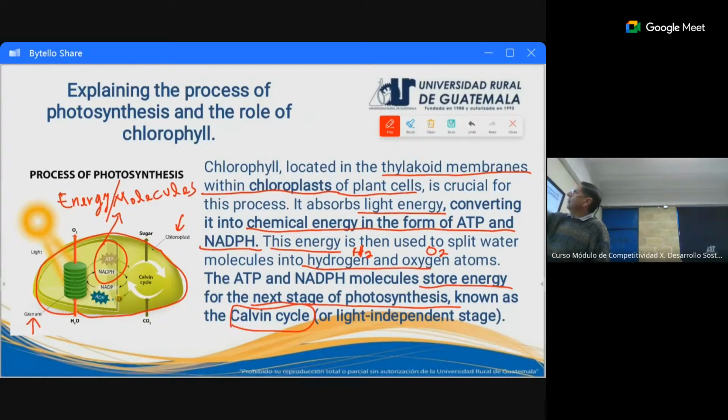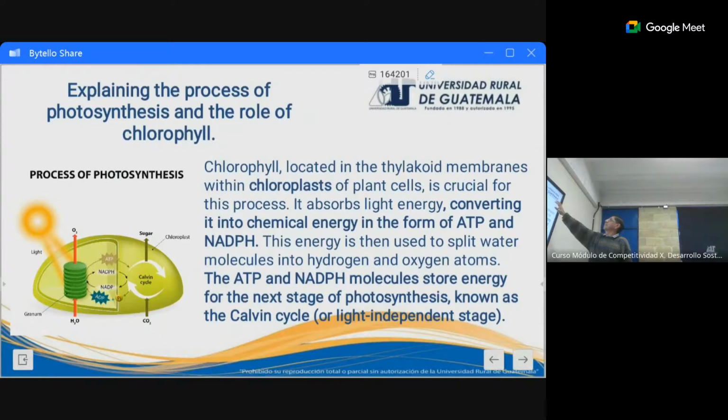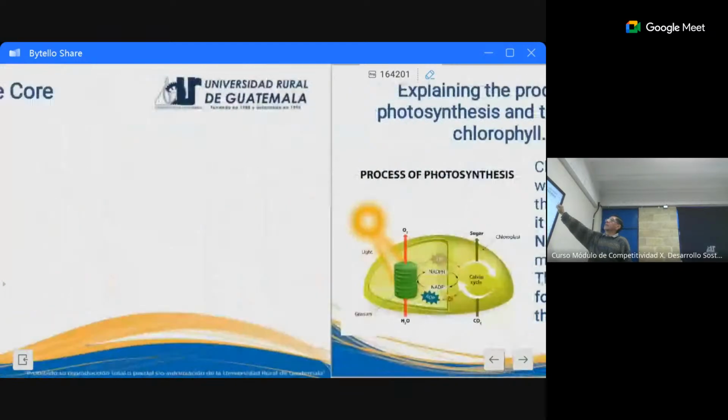After the production of these molecules, the plants do this cycle here, the Calvin cycle. That is a light independent stage. So these images describe these processes. Now let's continue.